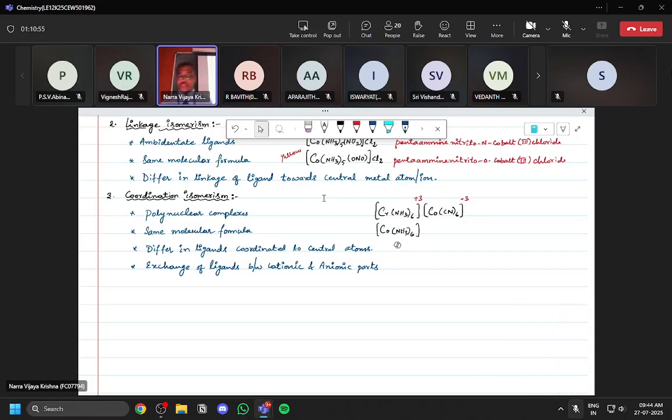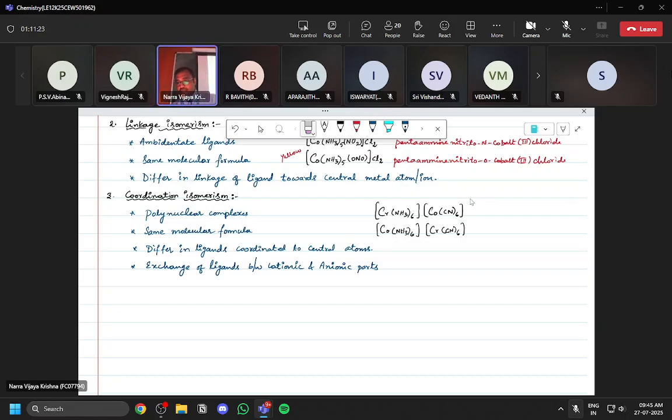That's why I'm writing it first. Chromium, CN 6 times. Both have the same molecular formula but differ in the ligands connected to the central atom. Here ammonia is connected to chromium, there ammonia is connected to cobalt. Cyanides are connected to cobalt here, and cyanides are connected to chromium there, right?